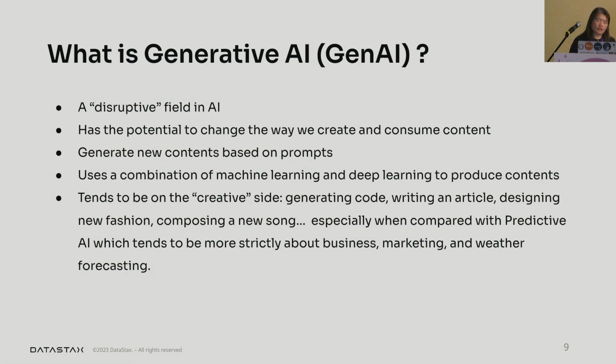The thing is, before Gen AI, there was predictive AI, so it's not really that new in some sense. However, predictive AI deals more with analyzing data, and its purpose is perhaps making business forecasts or weather forecasts. So it's a bit more business-like, but it also has an expiration to it.